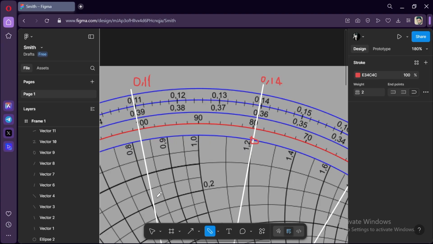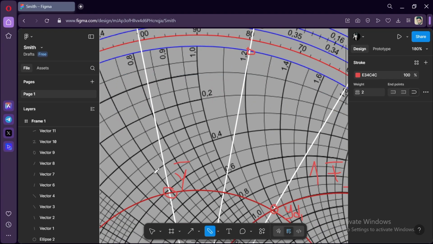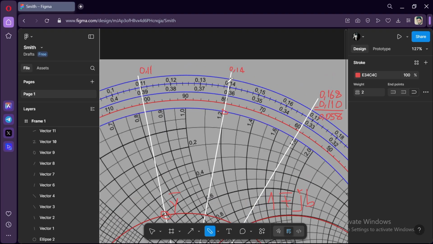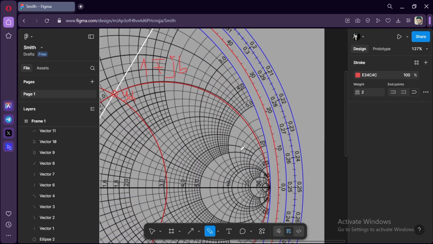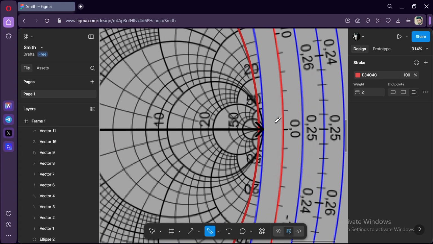Okay, the imaginary values are here, and we know where we will reach, these two points. But where is the short circuit? Of course, this here. The short circuit point is here for impedance, on the blue inner circle.